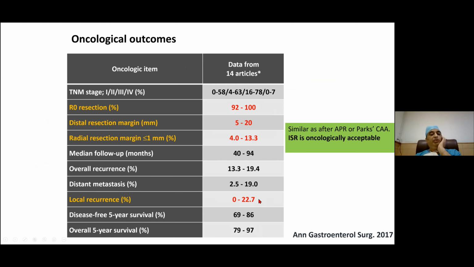And you can see that you can achieve an R0 resection of 92 to 100%, with distal resection margin around 5 to 22 millimeters. It has been shown that it is similar to after APR or pure coloanal anastomosis. So ISR is oncologically acceptable, and you can achieve a decent local recurrence rate even after preservation of sphincters.